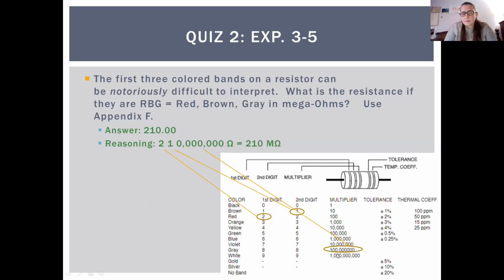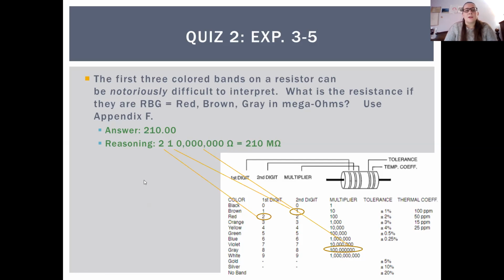I don't know why he did that with the commas. It's gross. But anyway, if you count the zeros, 1, 2, 3, 4, 5, 6, 7, 8. So I think that's 8.